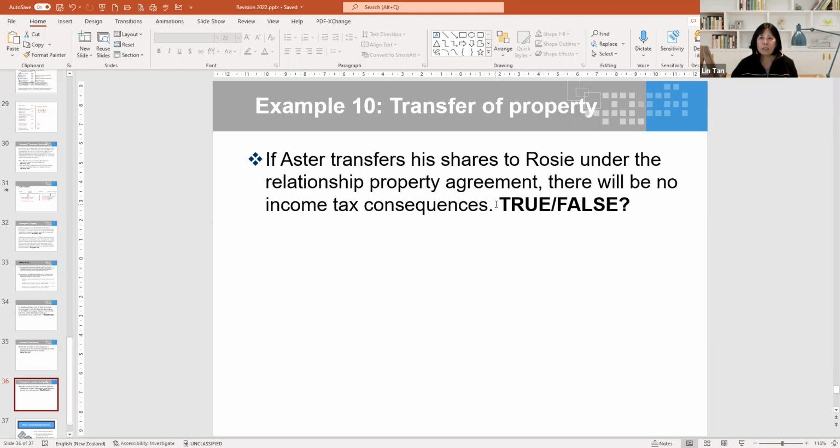And what happens is, in this case, Rosie will be deemed to hold those shares at the cost to Esther, right? So it's more or less like stepping in the shoes of Esther. So she just takes over there until Rosie sells those shares to somebody else, that it will trigger income tax consequences, right? Because it was transferred under a relationship property agreement.